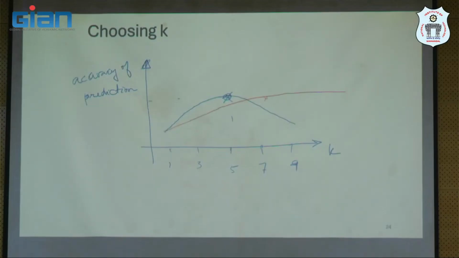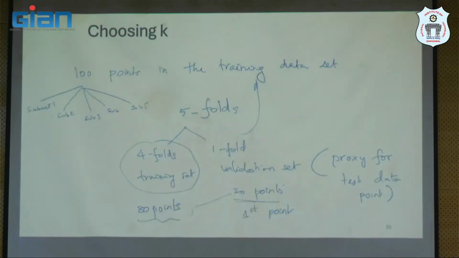So this is using a validation set, right? Now in practice, you will not just do it like this. See, you started with 5 subsets. You chose one of them as the validation subset and the remaining 4 as the training subset, right? What you should ideally do is this 5 times.